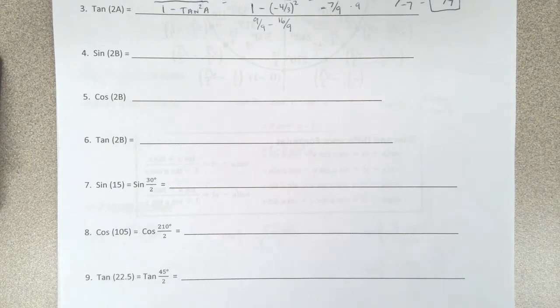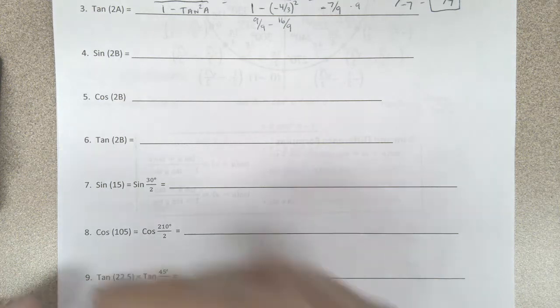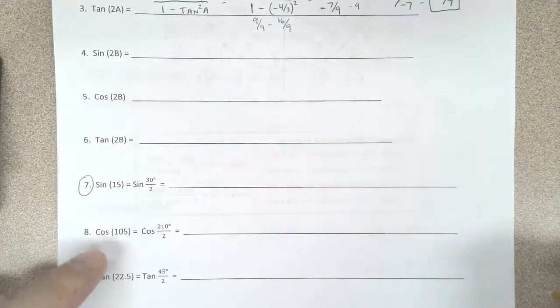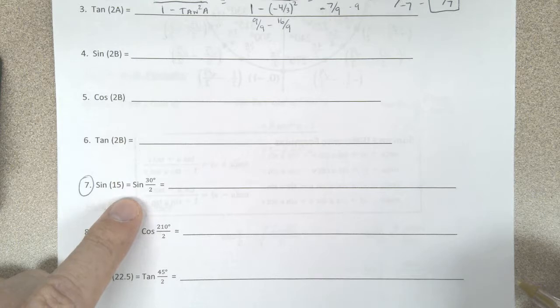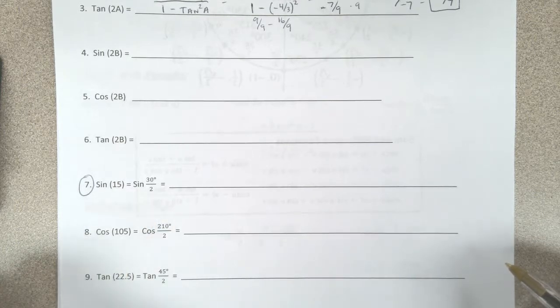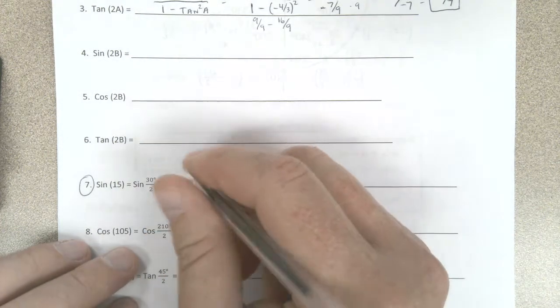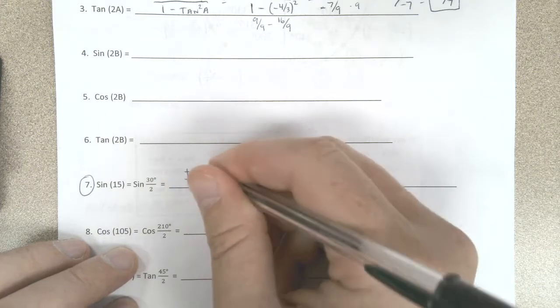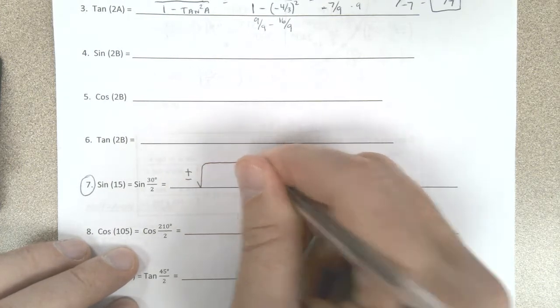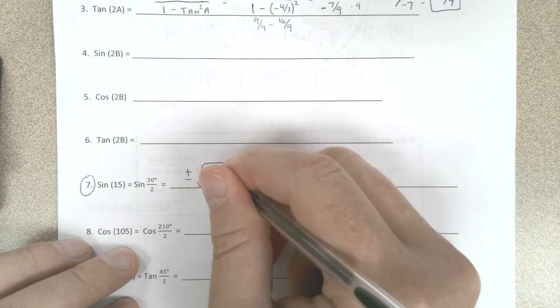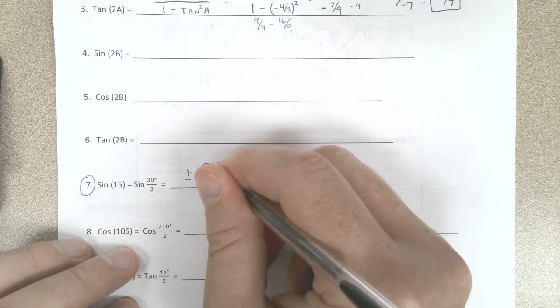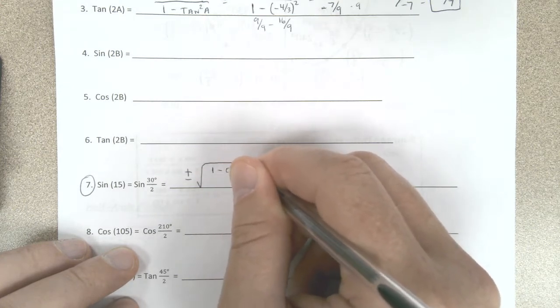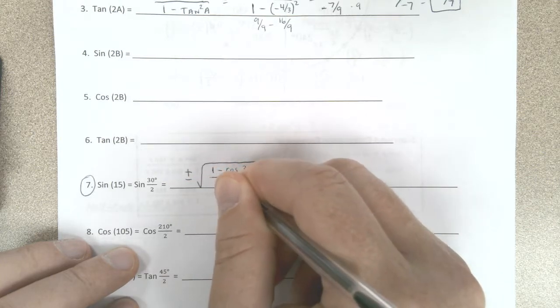Okay, I'm going to skip down to one of the half-angle problems. So let's look at number 7. So number 7, we've got the sine of 15, and then again we expand that to half angle, so it's sine of 30 over 2. Now we know that our half angle formula is plus or minus, and then the square root of 1 minus the cosine of 30 all over 2.